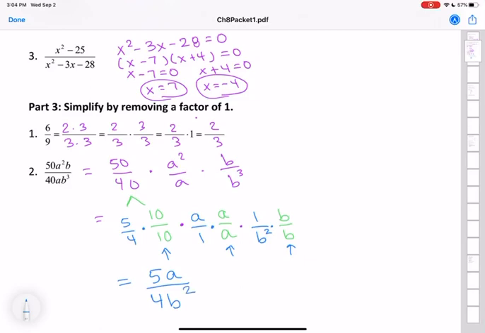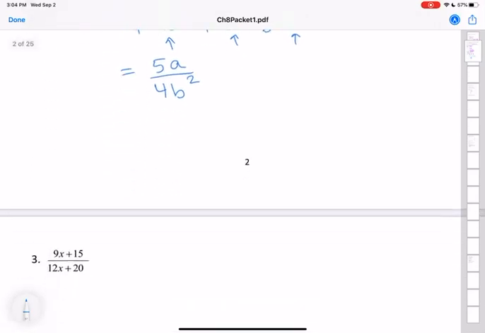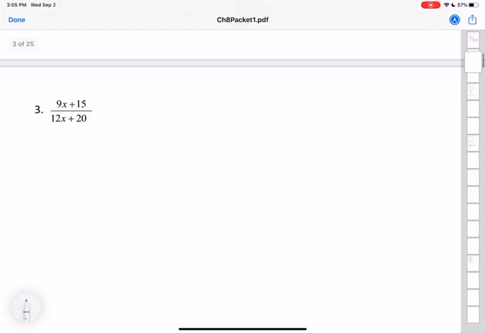All right. Moving right along, go ahead and turn the page. Number 3, we have 9x plus 15 over 12x plus 20. Okay, so we're trying to remove a factor of 1, right? So let's just go ahead and factor it.